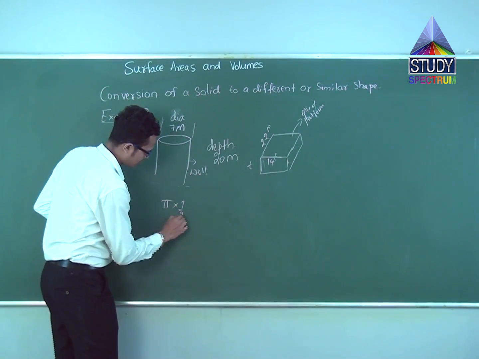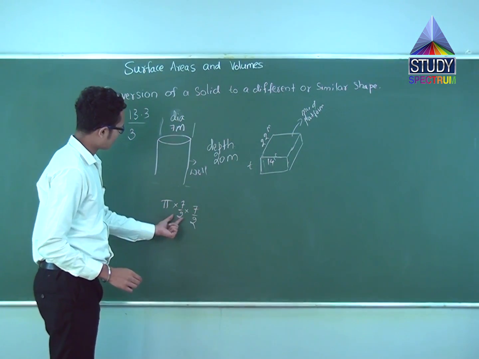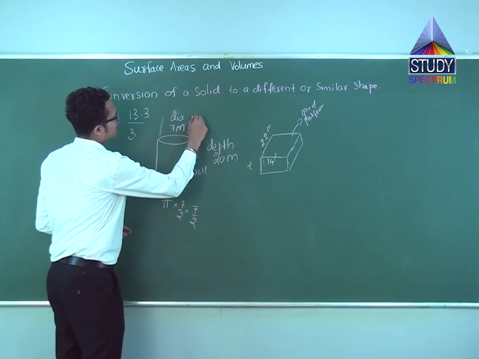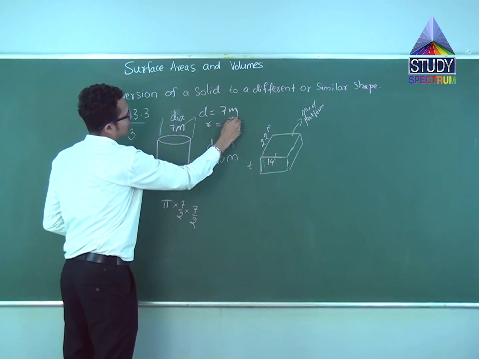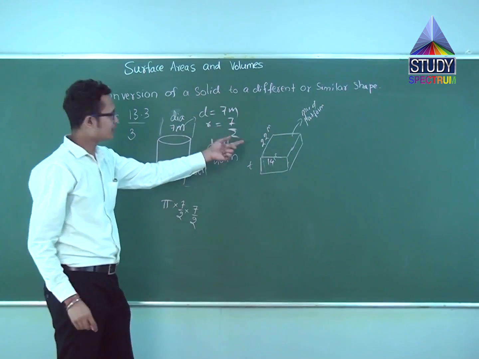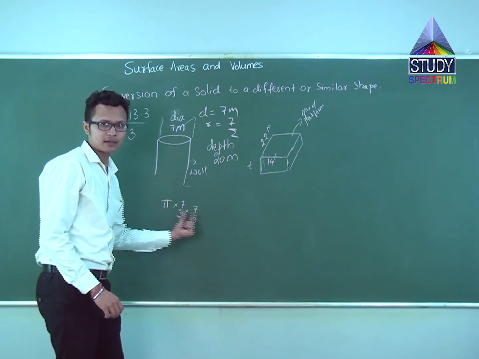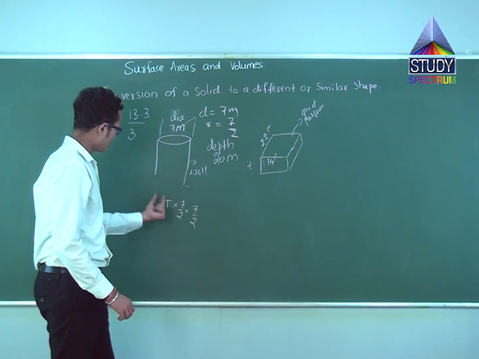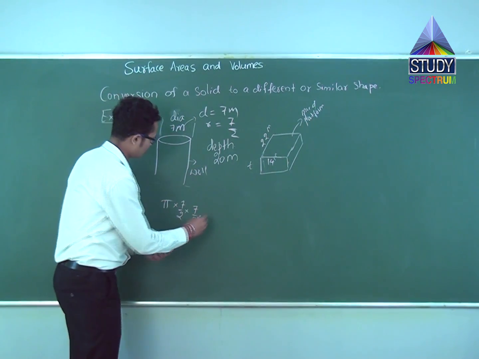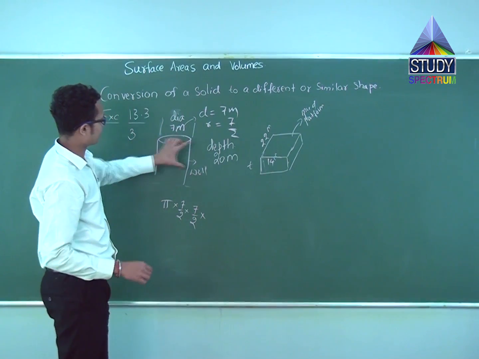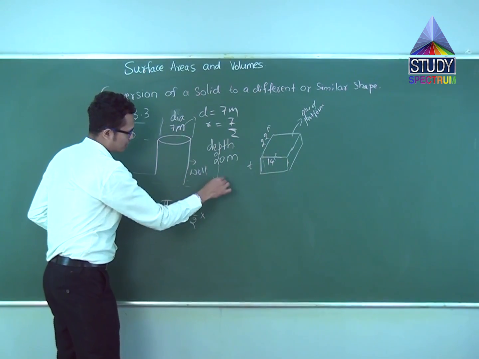If I indicate the diameter by symbol d, r is 7 by 2. Half of diameter is radius. So I am substituting directly: pi into 7 by 2 into 7 by 2 into height, or depth. Height of the cylinder is 20 meters.